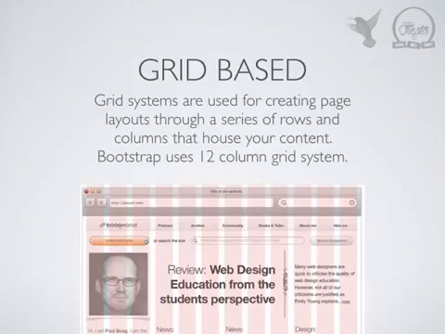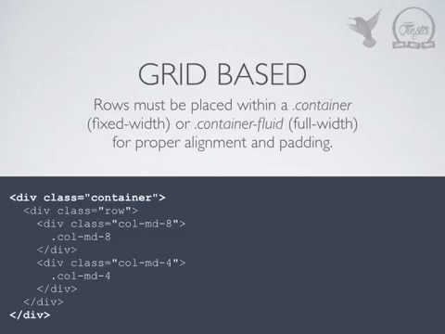Bootstrap uses a 12-column grid system, which, if we talk about fixed layout, is put inside of 960 pixels. So 960 pixels are divided into 12 equal columns, which then can be used to put the content in. Here's some actual code from the Bootstrap library, which is creating an 8-column left side of my website and a 4-column right side.